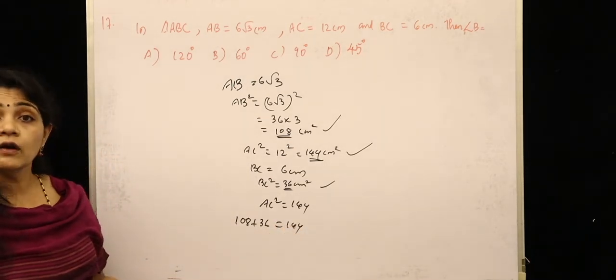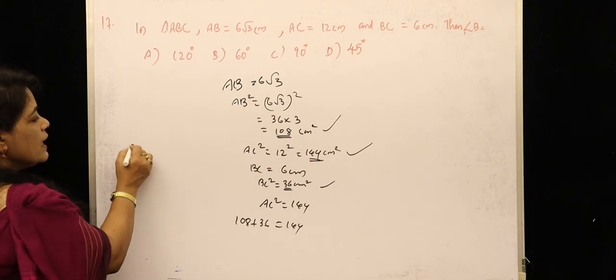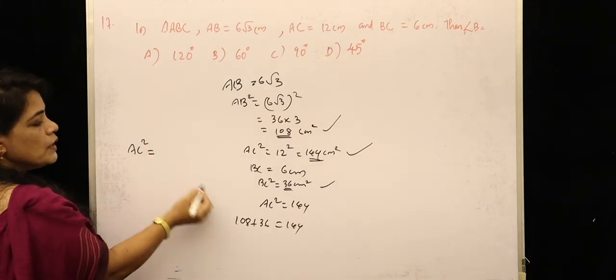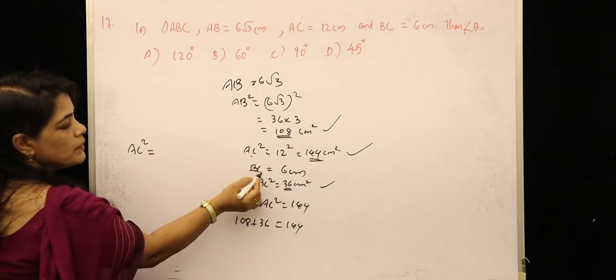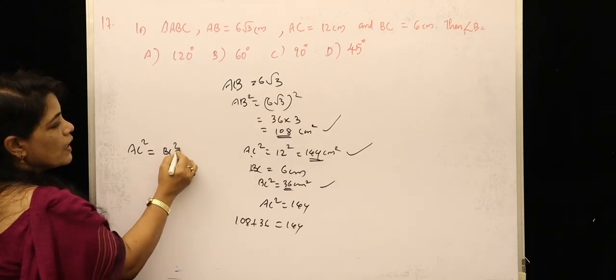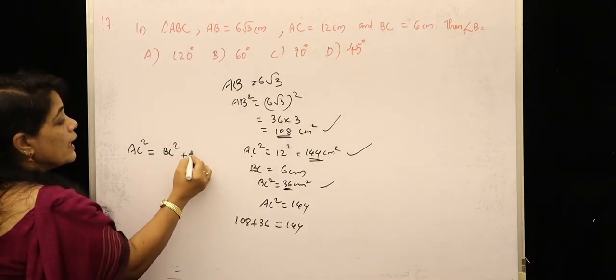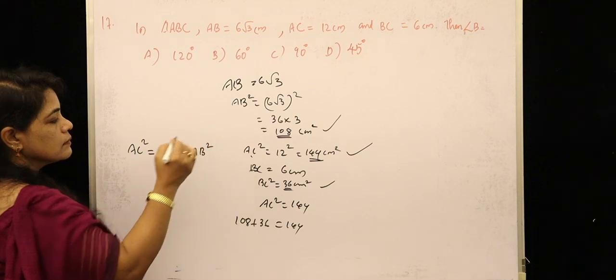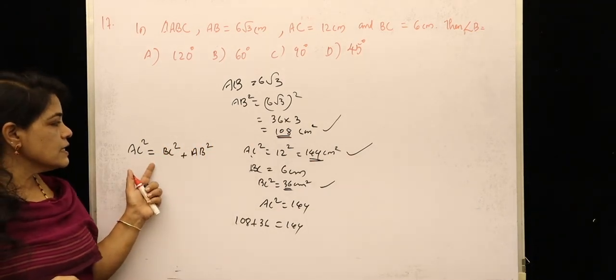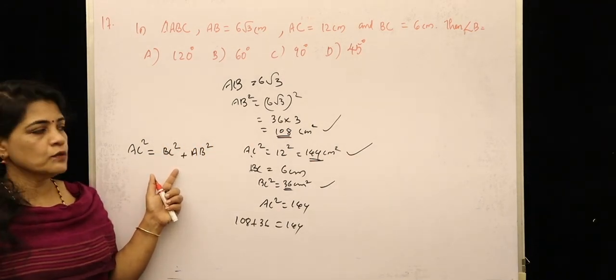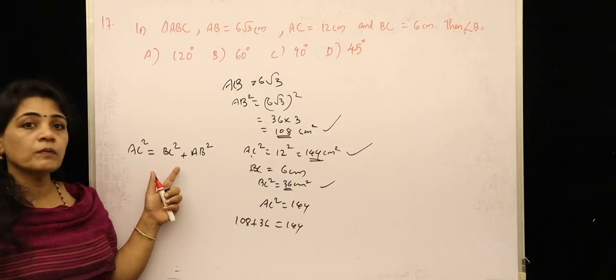So here we got AC square equal to the sum of BC square plus AB square.